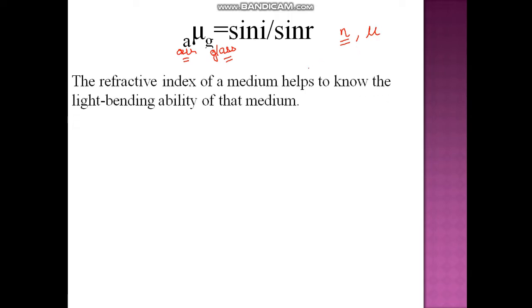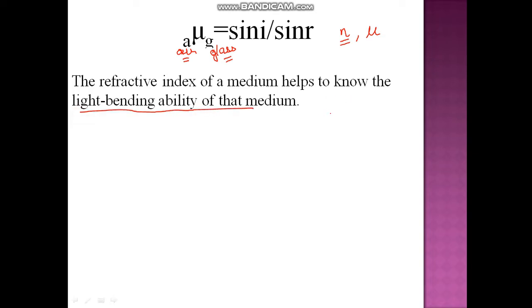Many a times a symbol N is also used to represent refractive index. So both symbols mu as well as N are representations for refractive index. Now the refractive index of a medium helps to know the light bending ability of that medium.